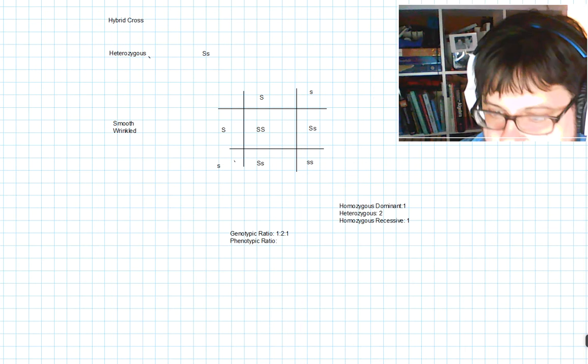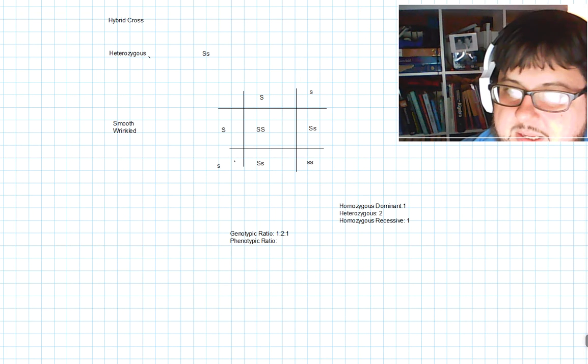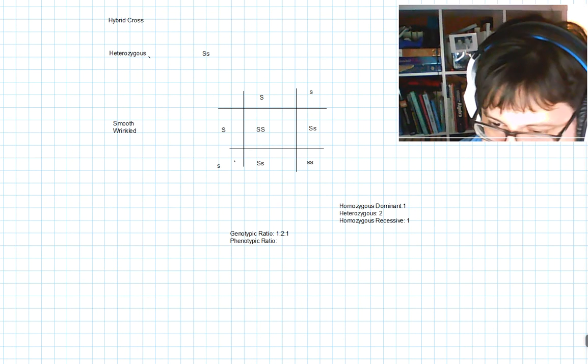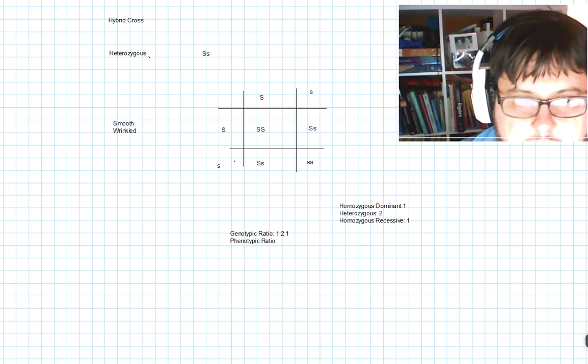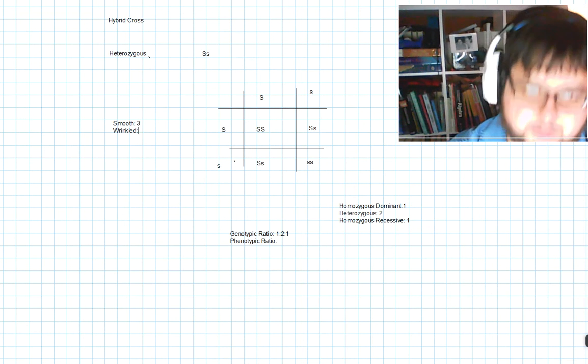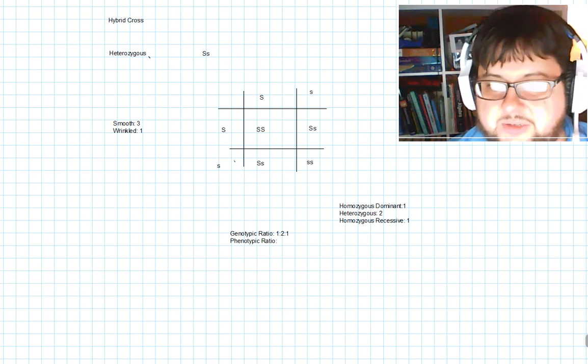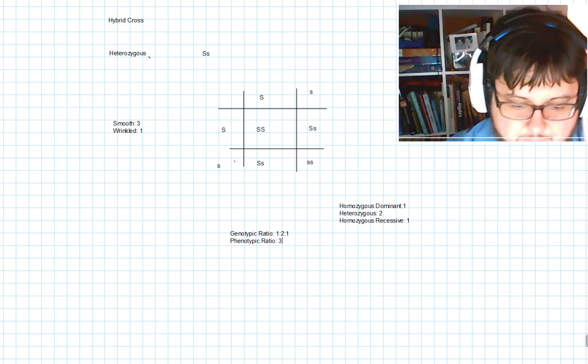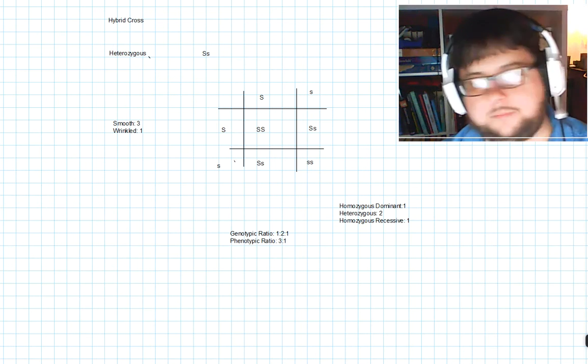So that would give us 1 for the wrinkled, and all the other possibilities are all smooth, so that would give us a 3 to 1. So you have 3 smooth to 1 wrinkled, which means our phenotypic ratio, the ratio of what traits show up, would be 3 to 1.